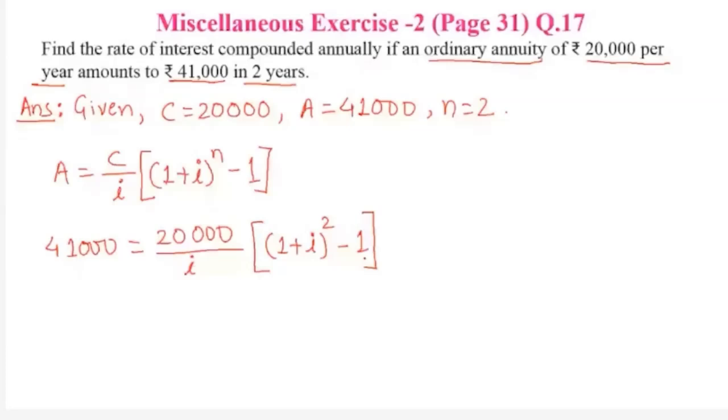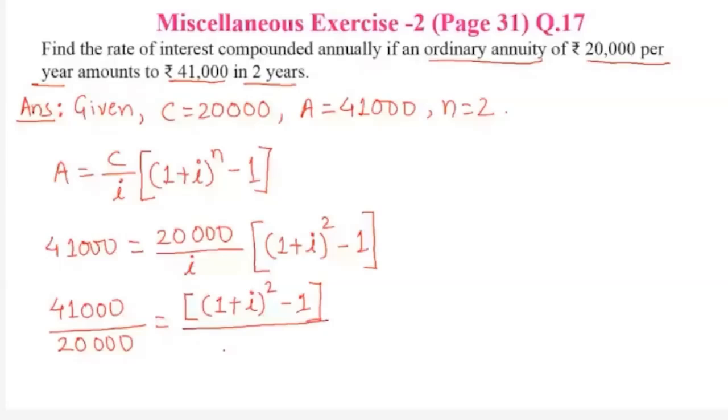Take this 20,000 to the left hand side. Shift 20,000 on the left hand side. 41,000, I shift 20,000 here. 41,000 upon 20,000 is equal to square bracket open, round bracket open, 1 plus I raised to 2, minus 1, divided by I. Agreed?